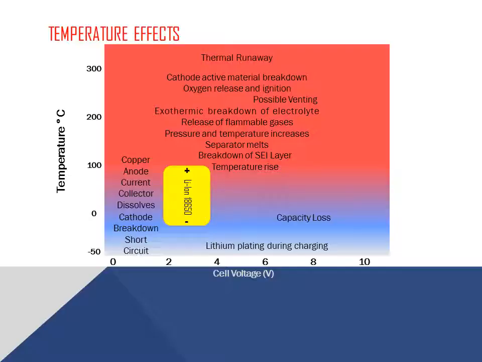Similarly, you may see that even though thermal runaway happens at temperatures beyond 300 Celsius, other components of the battery start to decompose at much lower temperatures, such as the separator, the cathode material, and the electrolyte.